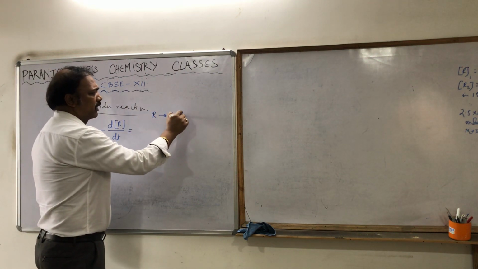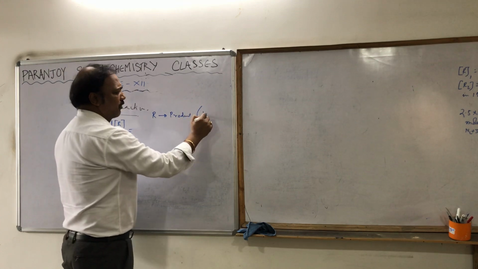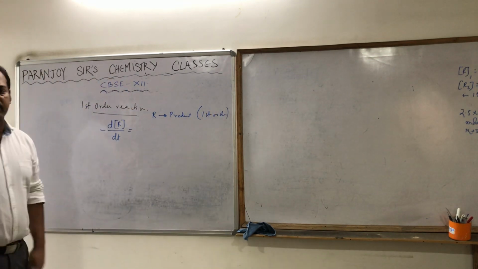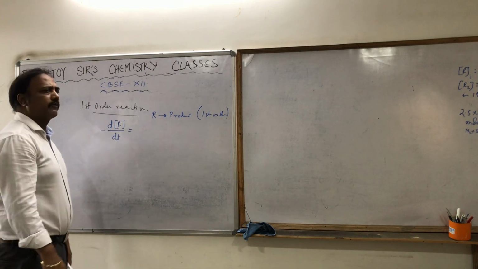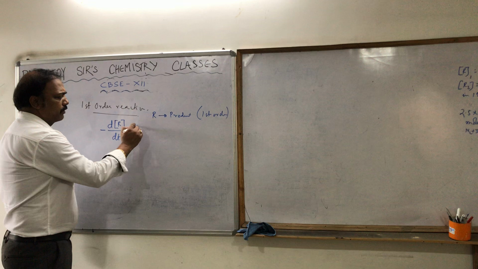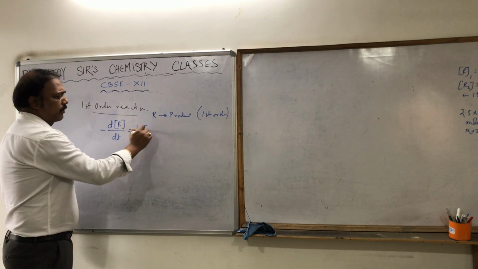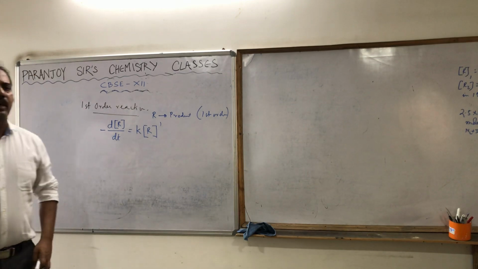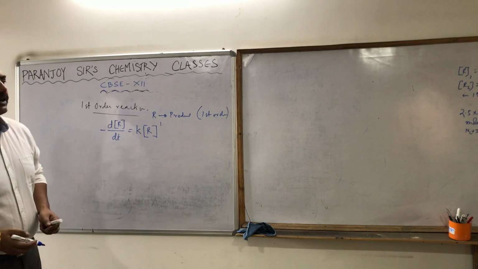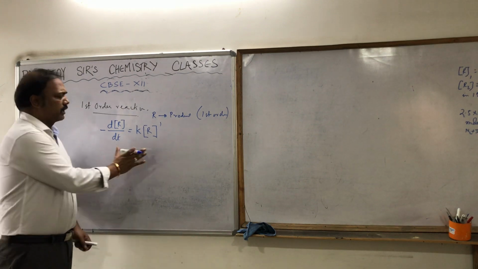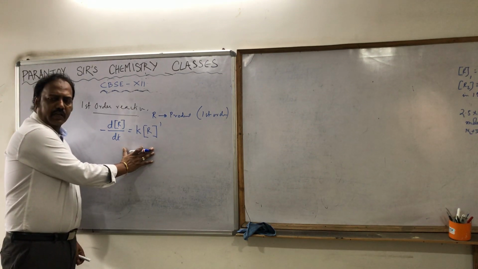The difference is that this is a first order reaction; initially we took a general equation for a zero order reaction. So minus dR/dt is equal to K into the concentration of the reactant to the power 1. Whenever I write to the power 1, we are talking of the first order reaction. That's the rate expression for the first order reaction.